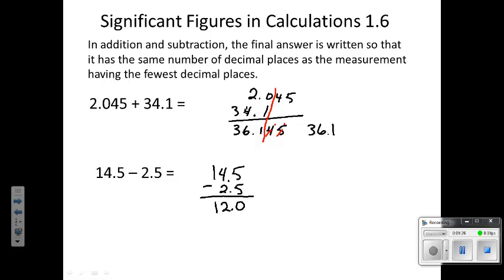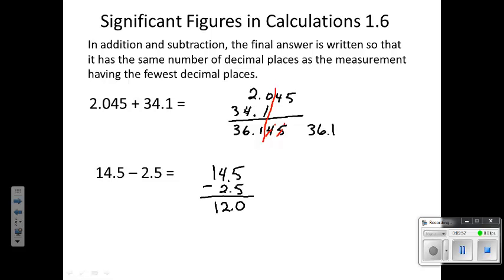There's a 0 there, but the 0 can be significant, right? The 0 at the end of a decimal number is significant. So that's fine. That has 3 significant figures, right? And the rules tell me that the tenths place is significant, so we have to put that 0 in there to show that that's a significant position.